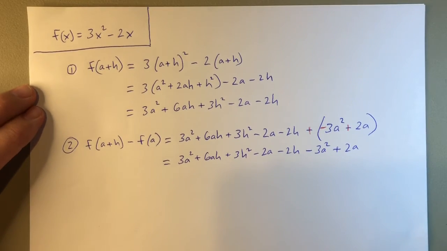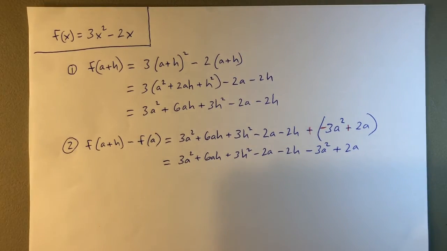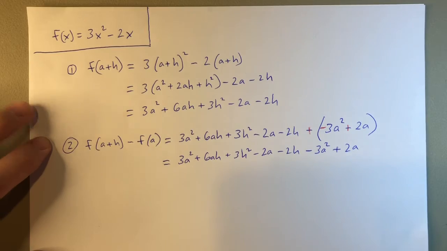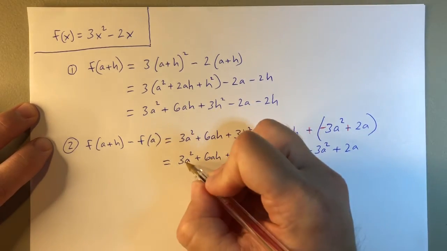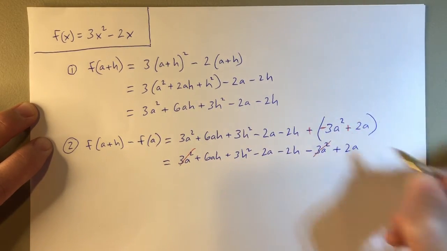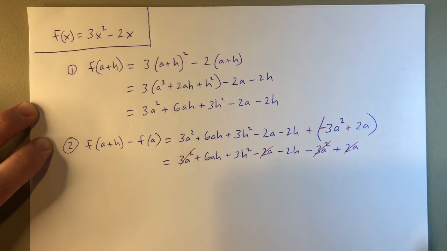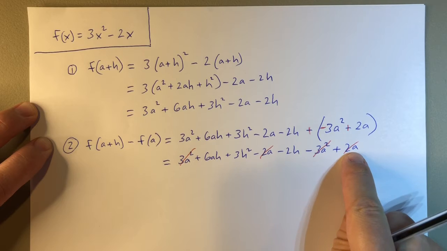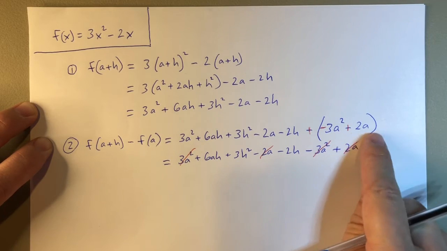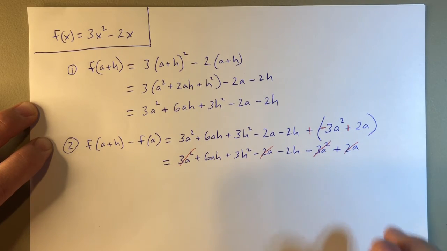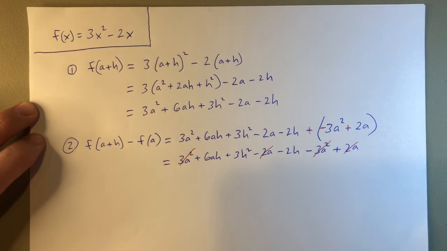At this point, if there's anything that can be eliminated, you want to eliminate it. All right? So the 3a squared terms are gone, and then the 2a's are also gone. Notice that the two terms that made up f of a are gone. They are eliminated.